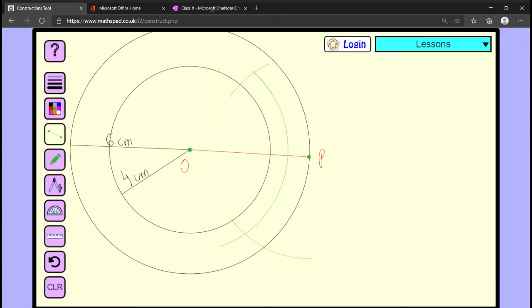And now we would like to finish the construction of the perpendicular bisector of the line segment OP.